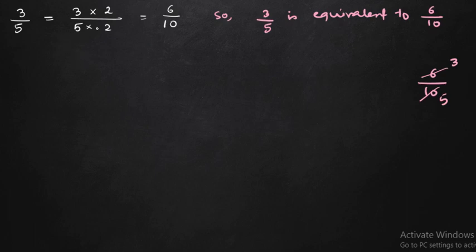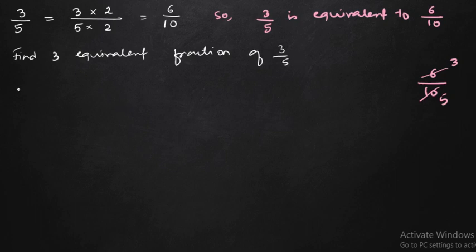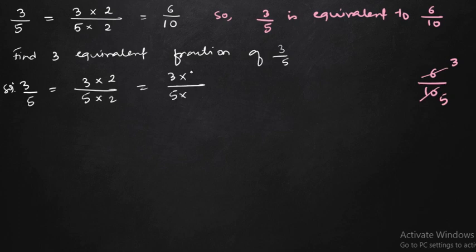Okay, suppose one question is given: find 3 equivalent fractions of 3 by 5. So how will we do this? We can write the solution as 3 by 5, where 3 and 5 are multiplied with 2. Next, again we can multiply with 3. Then again we can multiply numerator and denominator with 4.